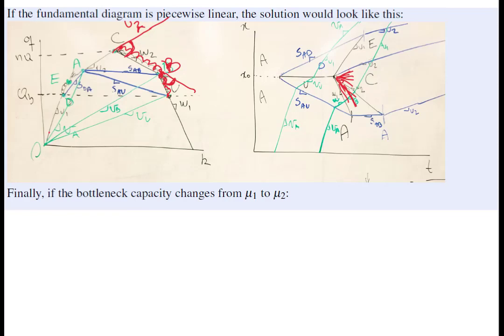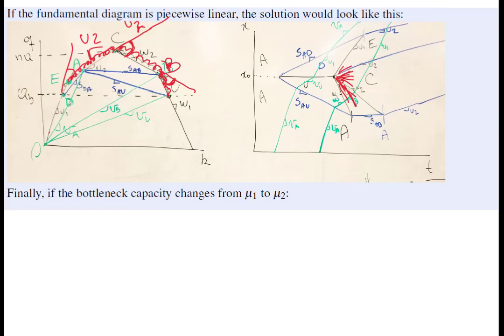And finally, when you continue up to point D, you pass by point E first, and again point E will have all the wave speeds between U2, which is the slope here, and U1.